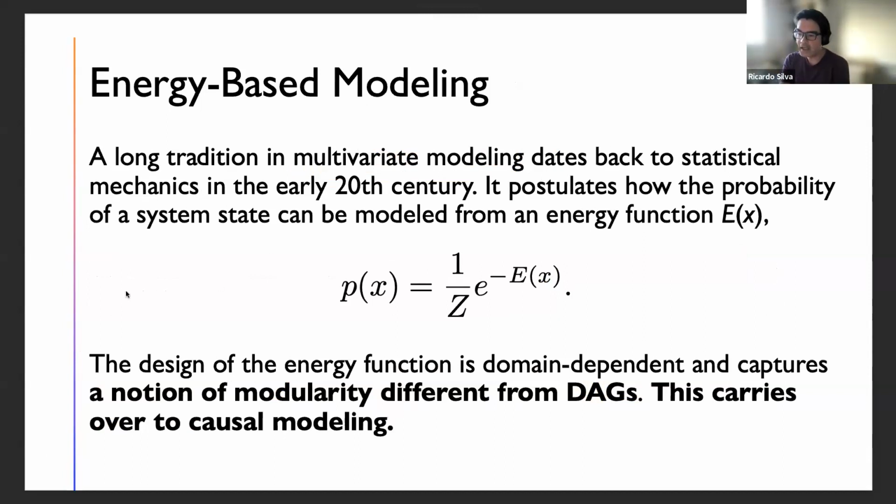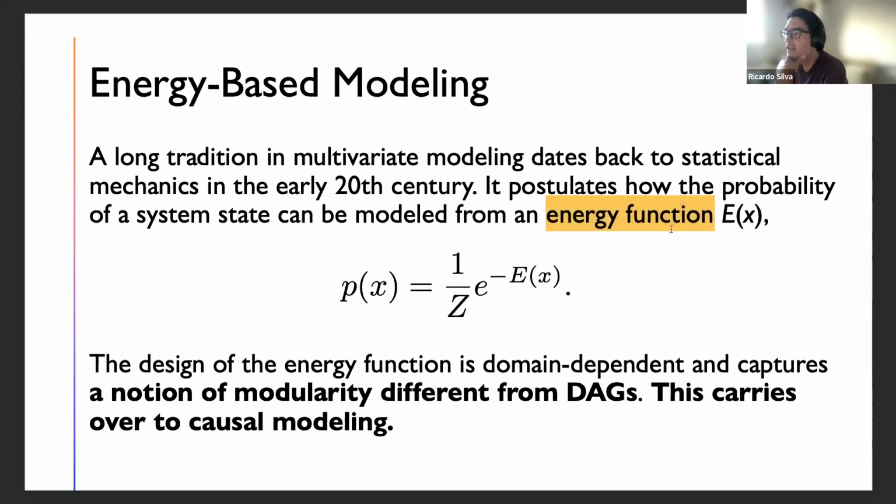So I will start by adopting a very standard family of multivariate distributions that take this shape that's sometimes known as energy-based modeling. The idea here, again, should be familiar to many of you because it's one of the oldest ways of creating multivariate distributions, inspired by statistical mechanics. Here, the joint distribution is defined by just renormalizing some sort of exponentiated energy function.